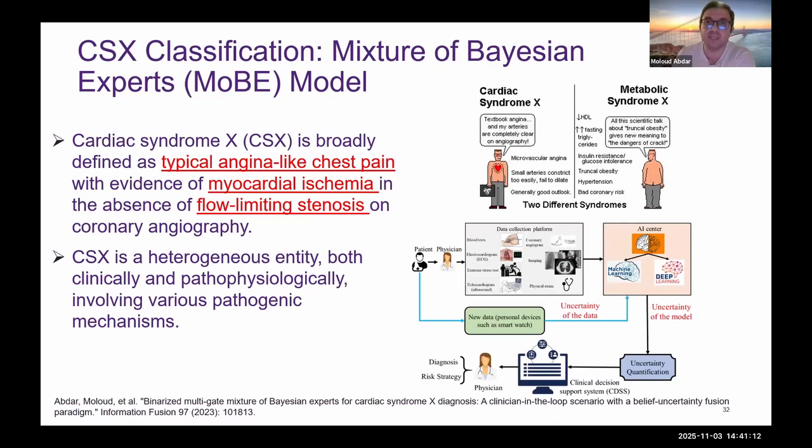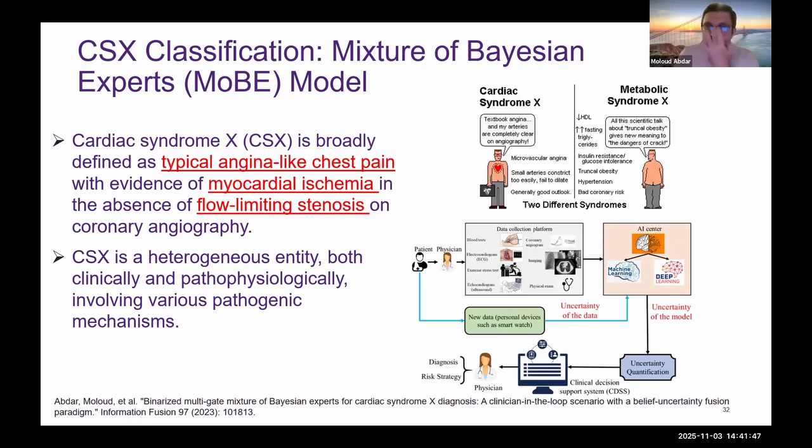The data is real, and CSX is a very rare heart disease because it's a heterogeneous entity, both clinically and pathologically, involving various pathogenic mechanisms. Based on that, we tried to collect our own data sets and use them for classification. Here we propose a model called mixture of Bayesian experts.